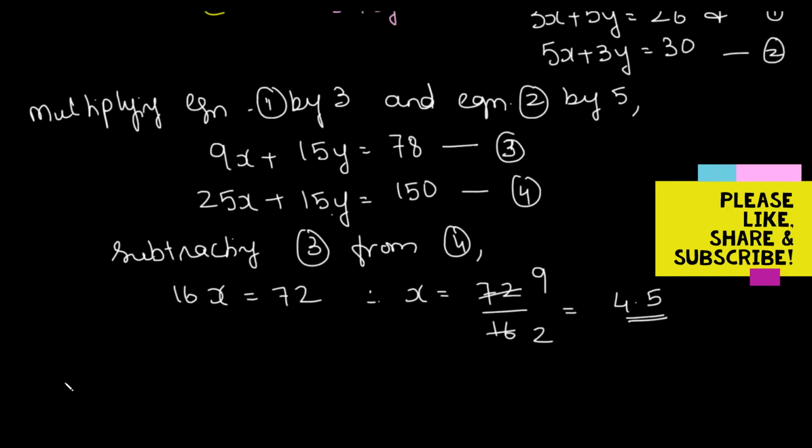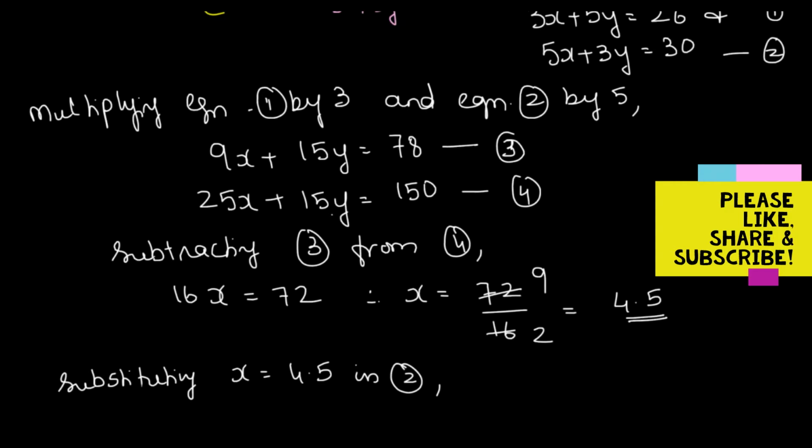Now for the y coordinate, we substitute x is equal to 4.5 in any one of the equations, 1, 2, 3 or 4, any one of the convenient equations. Say we substitute it in equation 2.